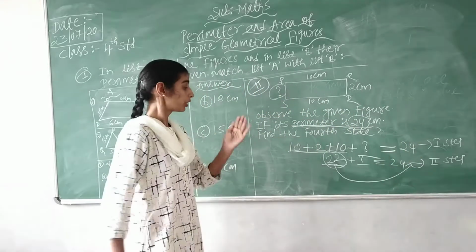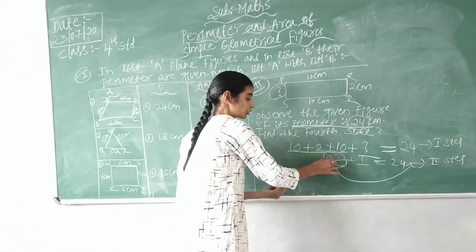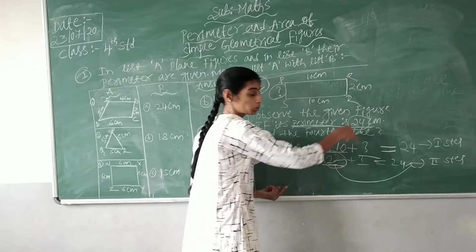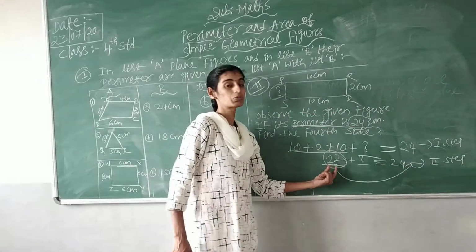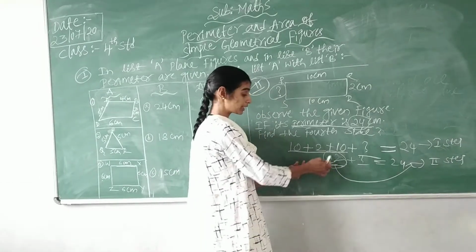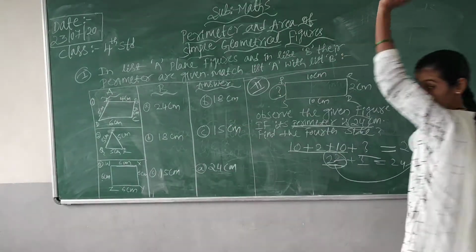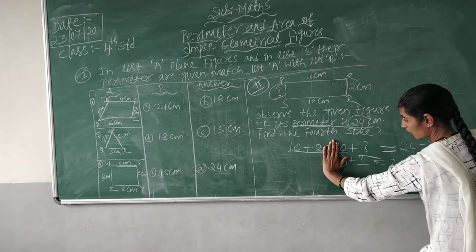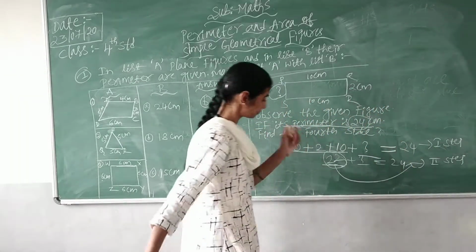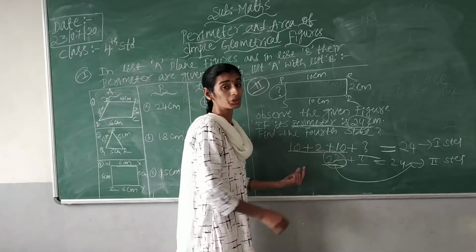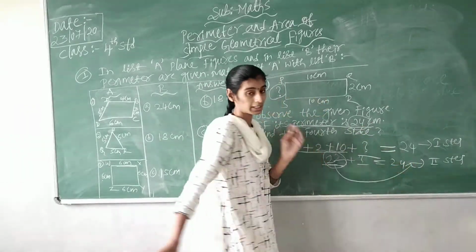We have to shift this 22 from the left to the right side. You can see 22 is on my left side, and 24 is on my right side. So this 22 you have to shift to the right side.